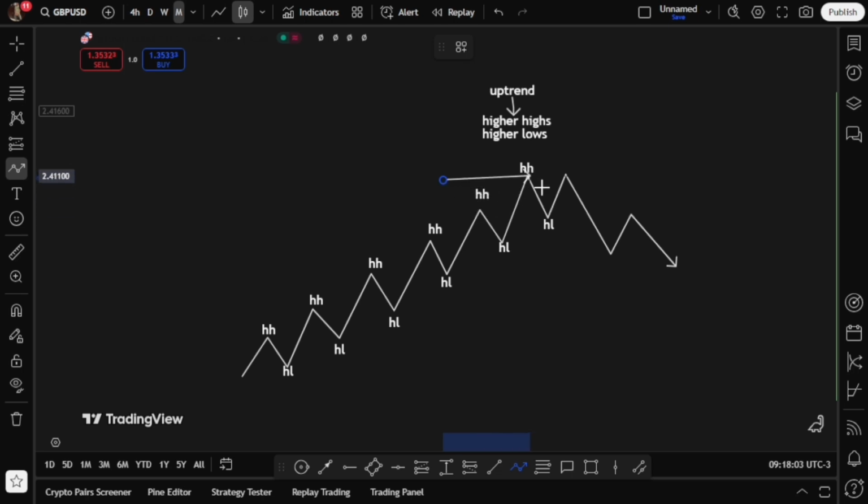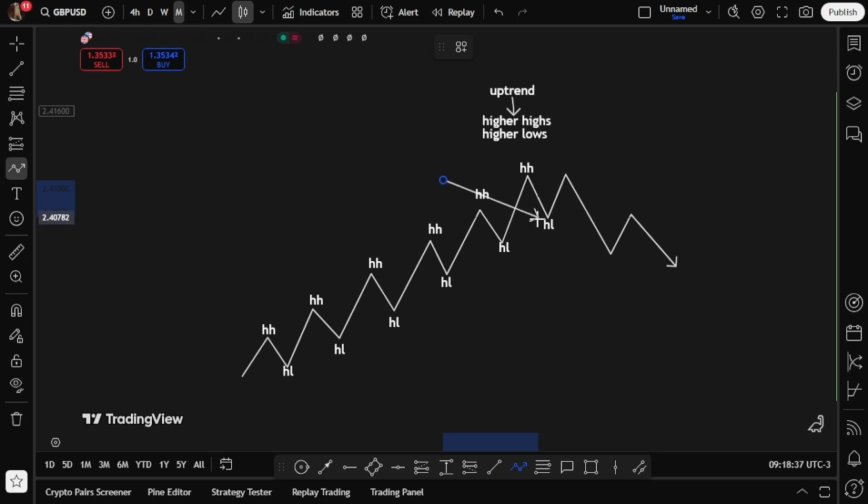Right. But take a look at this other one right here. You can see that price could not break above this other higher high, that's the previous higher high. That tells you that the buyers can no longer push the market further. Rather, price will come back and break below the higher low.